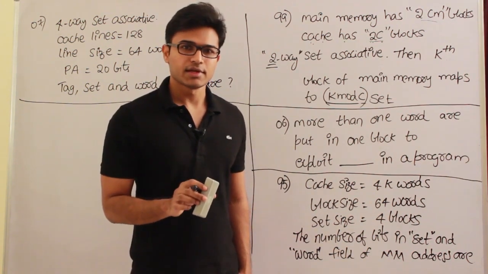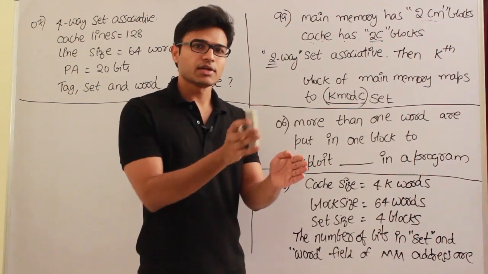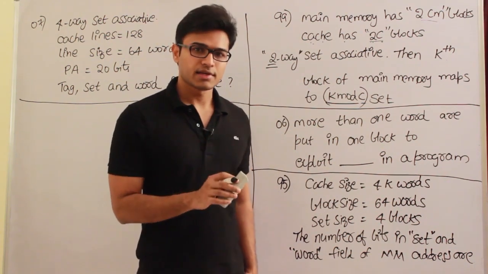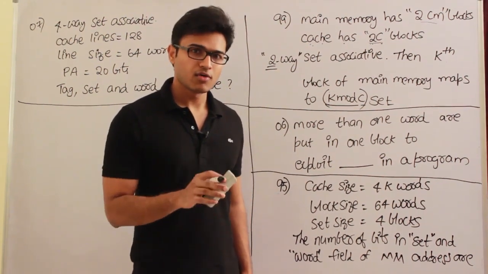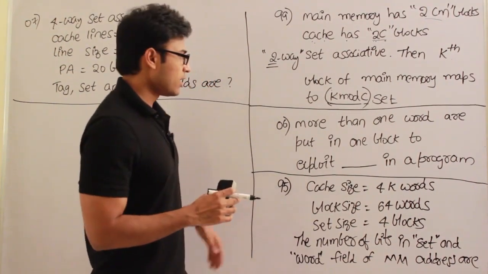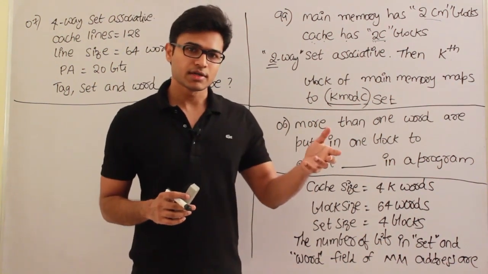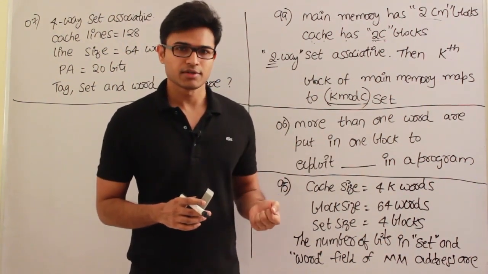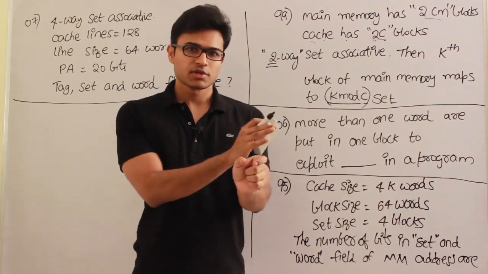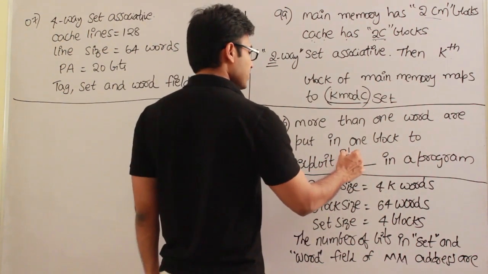Spatial locality says that if you are referring to a word now, the word adjacent to it will be referred to next. Temporal locality says that if you are referring to a word now, in future you might refer to it again. So the use of putting more than one word in the block is to exploit spatial locality. When I get one word, I get all the words surrounding it, right? So here the answer is spatial locality.